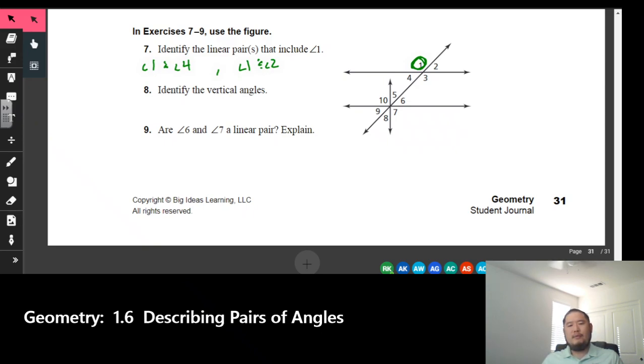Next up, number 8. Identify the vertical angle. So there could be several vertical angles. And remember, vertical angles, think two lines that intersect, and then think of the opposite. One that stands out right here is angle 1 and angle 3.